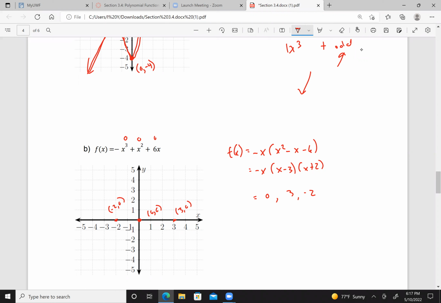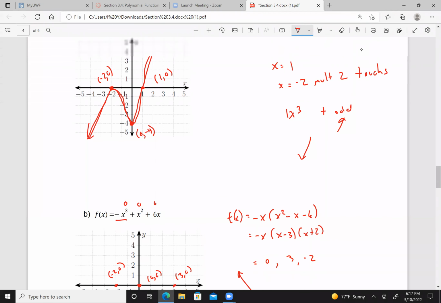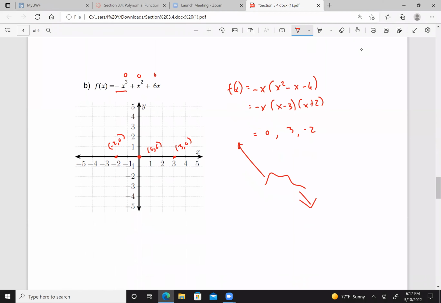I have a cubic function. My first term is negative. So this one is up, down, with some funky stuff in the middle. So it's probably going to go something like, and they all have multiplicities of 1.